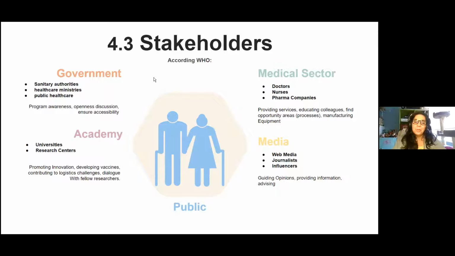So their role would be to promote innovation, develop the vaccines, contribute to the logistic challenges, etc. The medical sector includes docs, nurses, pharma companies, and many others. So their role is to provide the services and the education. And the media, which is guiding the opinions. And the general public, which is the population who's going to receive a vaccine.